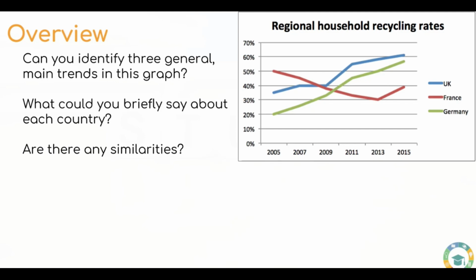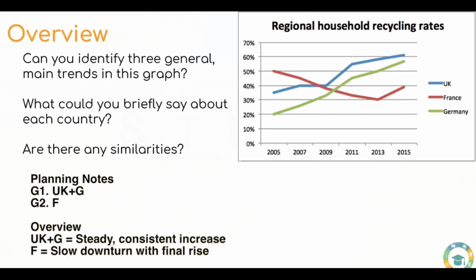In the last lesson, you may remember I showed you some planning notes. Well, here they are, and it also gives me the information for my overview. Looking at my notes, can you work out what I might write in my overview? The first thing to note is that I've grouped the UK and Germany together because their recycling rates follow a very similar trend.